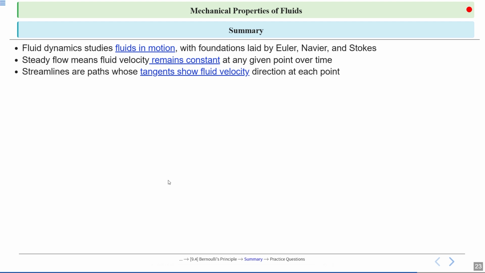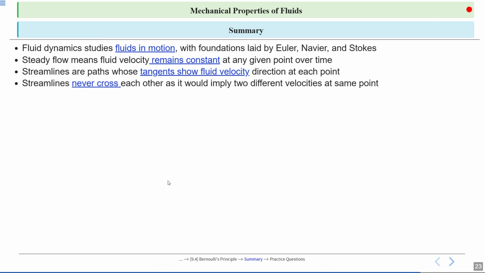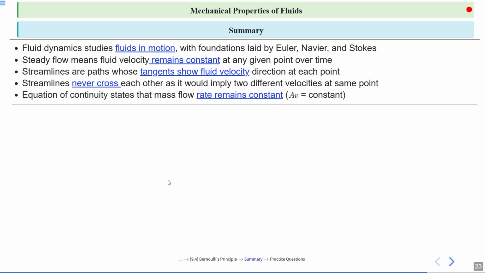Streamlines are paths whose tangents show fluid velocity direction at each point. Streamlines never cross each other as it would imply two different velocities at the same point. Equation of continuity states that mass flow rate remains constant.